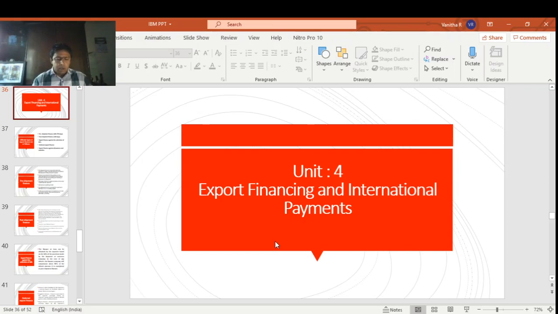In the coming session, perhaps I would run into the same topics that we've discussed today. We would take these as reference and talk about the ECGC and Exim Bank and their role in the coming session.